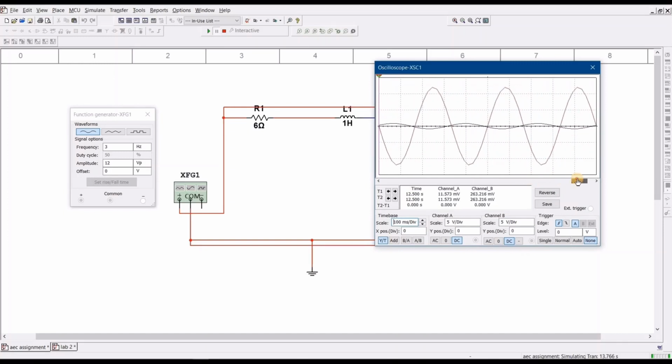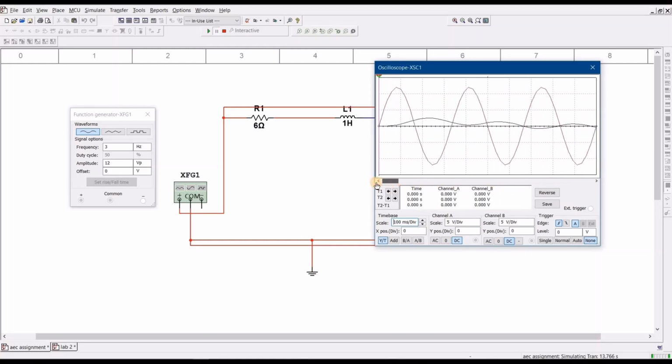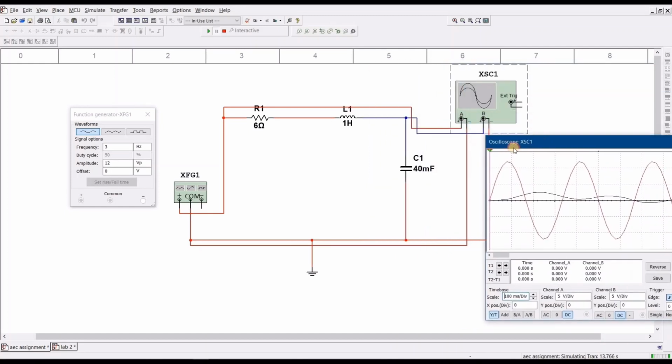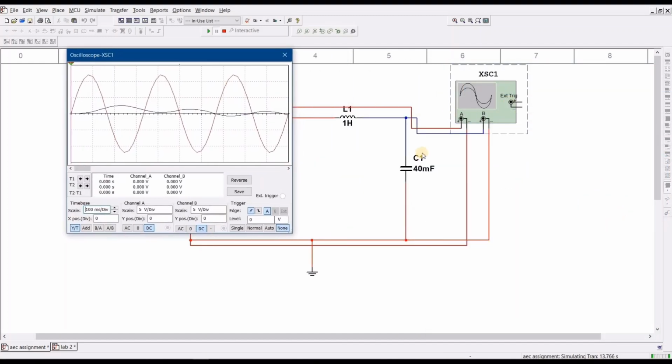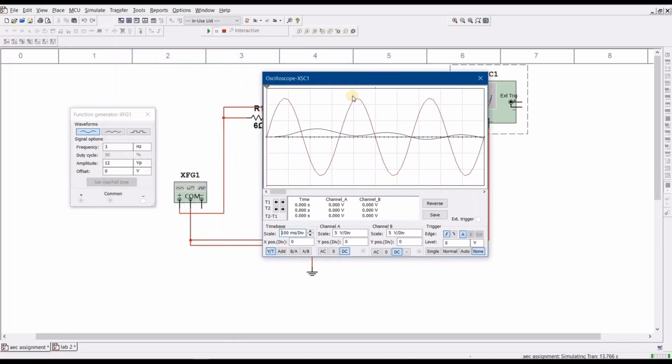You can see like this. What I want to say is, in the initial of the waveform, you can see that the red waveform is the input, as I said before, and the blue waveform is for the output, which is in the capacitor.